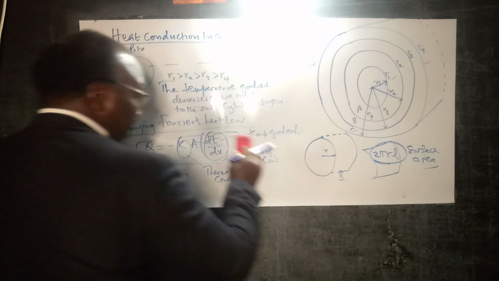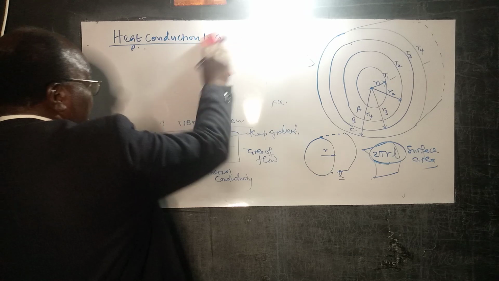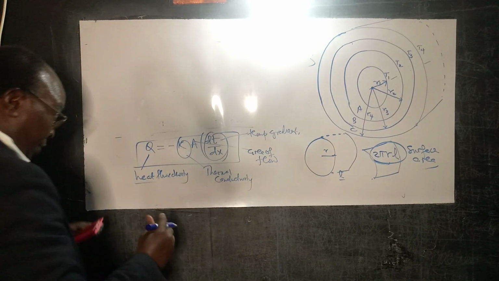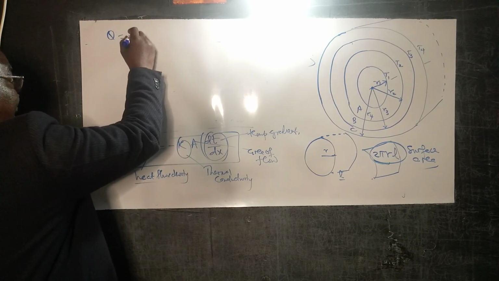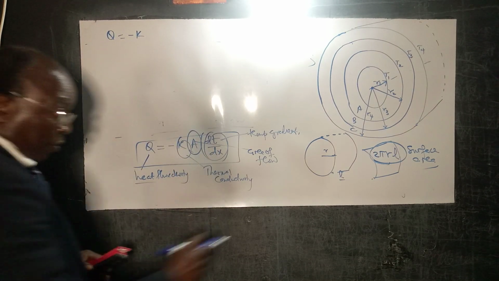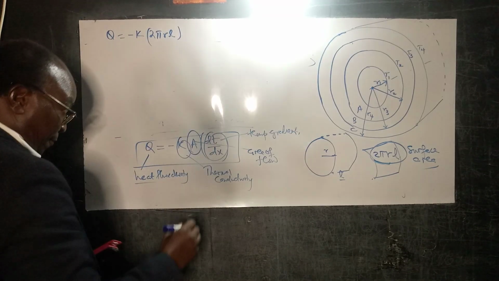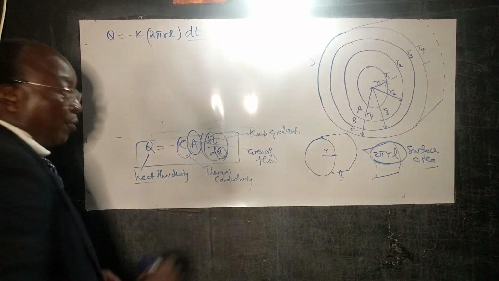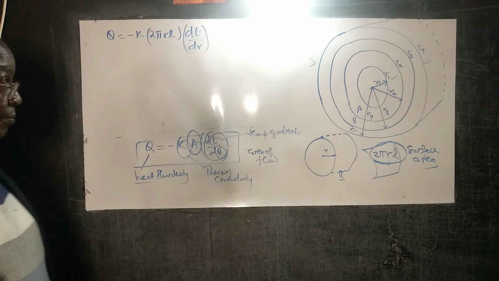Now, let us move up with our use of Fourier's heat law. So if you apply now Fourier's heat law, then it tells us that Q will therefore be equal to minus K into the area of flow now, which will be 2 pi rL, into dT. And what is our x here? That's now the radius. x now corresponds to radius, dT.